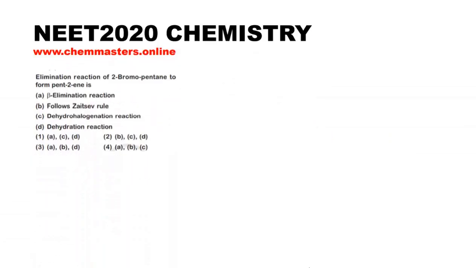Next question. Elimination reaction of 2-bromopentane. Now first draw the structure from the given IUPAC name. I always tell you that IUPAC nomenclature is very important for JEE and NEET examinations. So one should have strong command on IUPAC rules.